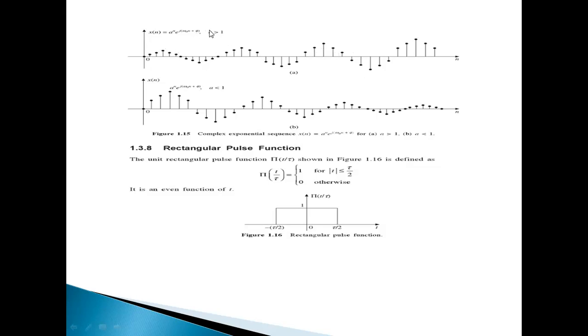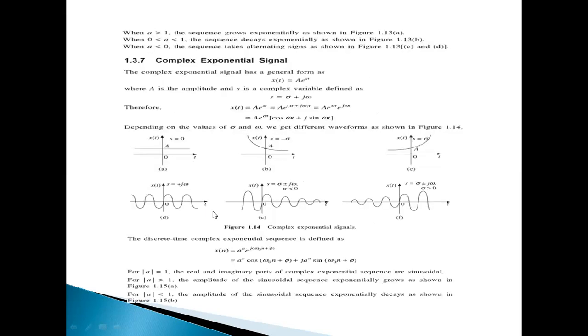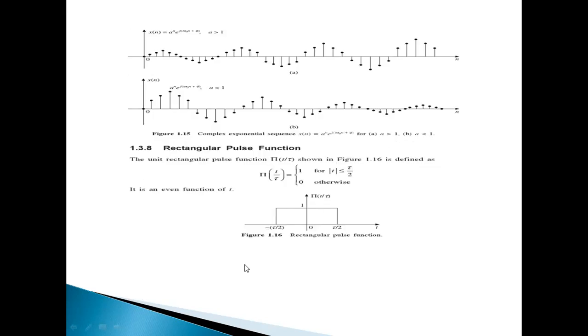For a greater than 1, the amplitude of the sinusoidal sequence exponentially grows. Coming to less than 1, starting with a larger value, compared to these two the amplitudes decrease, and it slowly goes on decreasing.